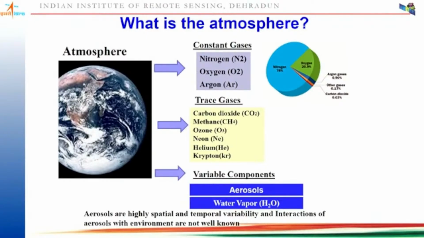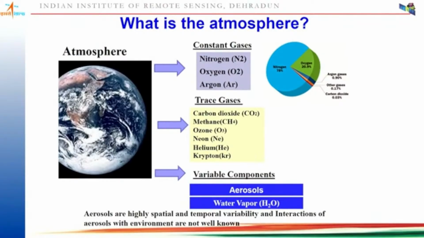This is induced by many anthropogenic and natural emissions, and the concentration is changing, hence we are concerned about it, because the increasing concentration of trace gases causes many environmental and climatic effects.